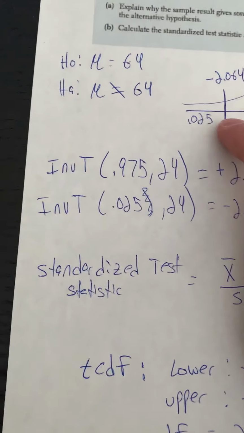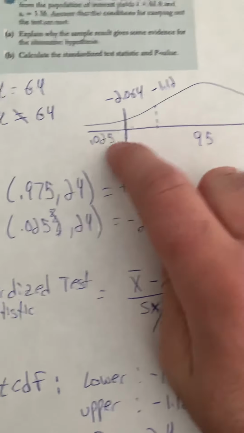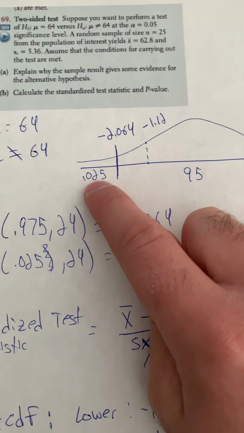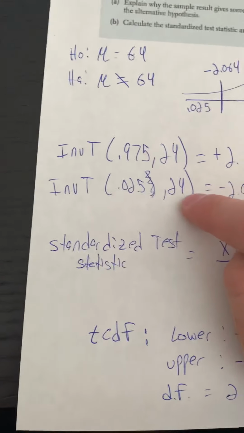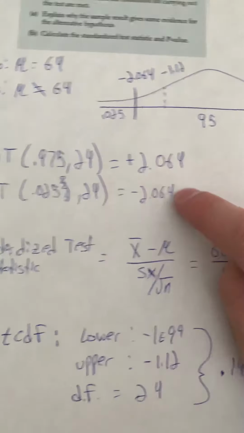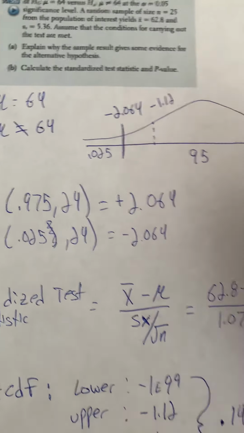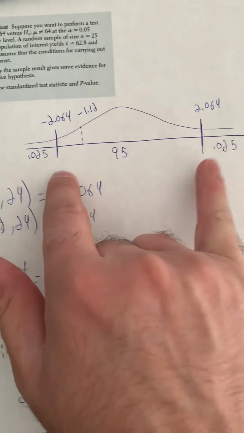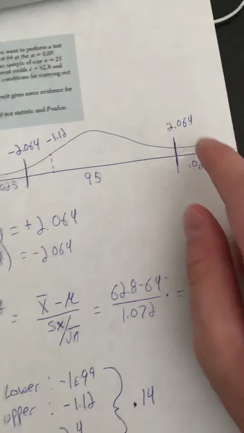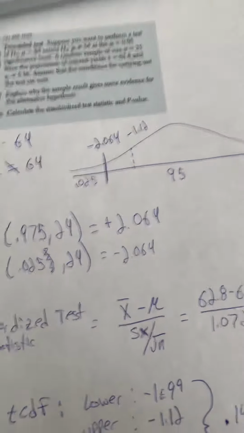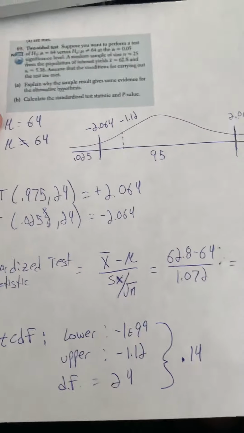On the low side, okay, the area to the left of this cutoff point is only 0.025. Again, the same degrees of freedom, and you'll notice it gives you the same critical value except the negative version. Remember, this distribution is symmetrical, right? So I got positive 2.064 on the right. I got negative 2.064 on the left, right?